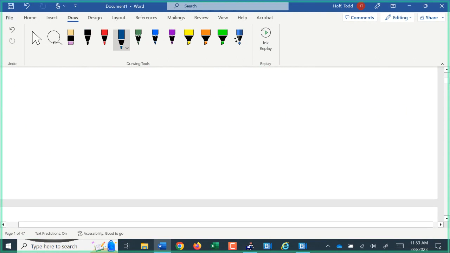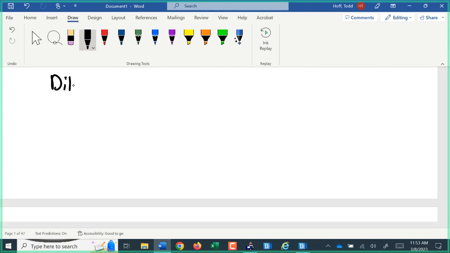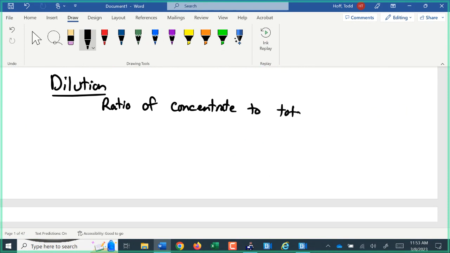So a dilution is a ratio of a concentrate to a total solution.